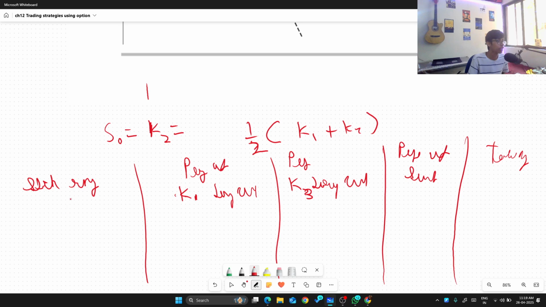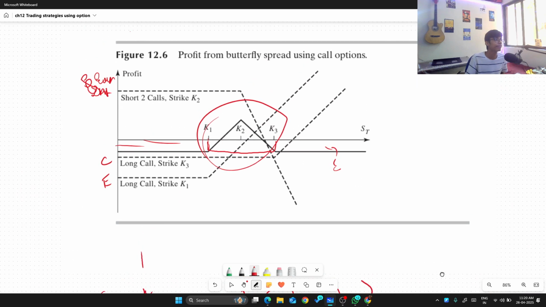So the first scenario is if ST is smaller than K1, then the payoff would be 0, here also 0, and the payoff of the short call would also be 0, and then all is 0, right?